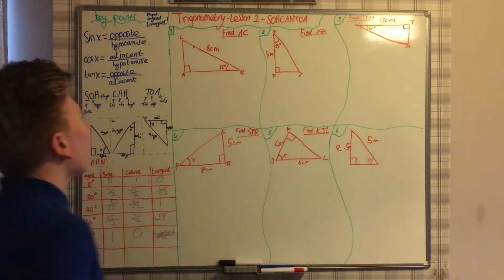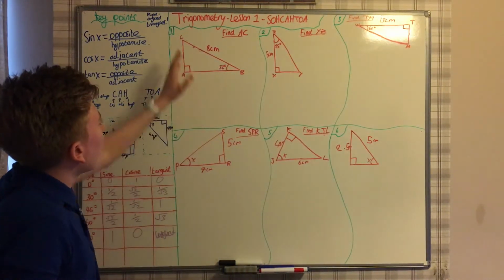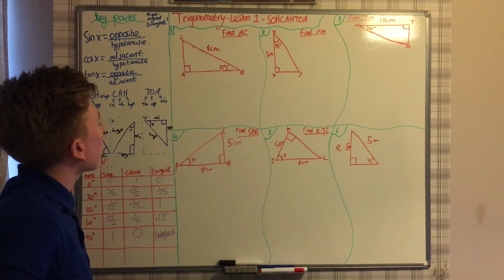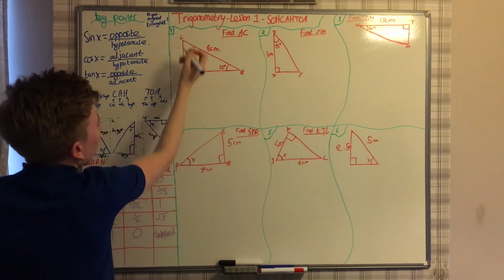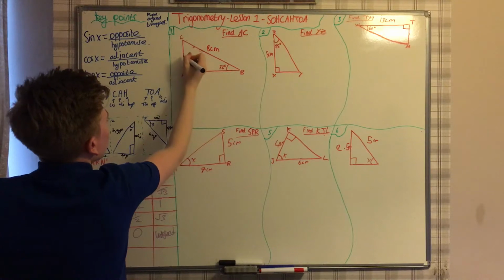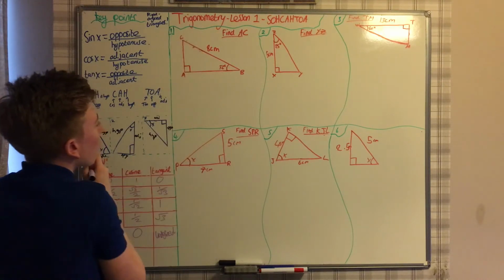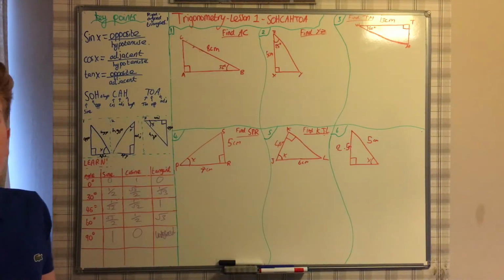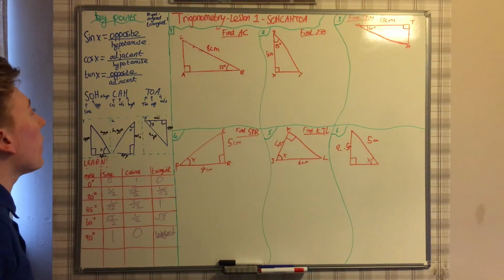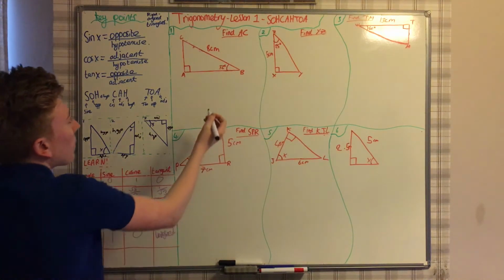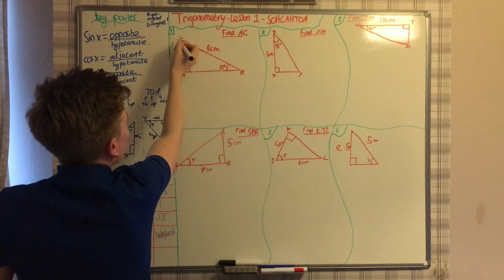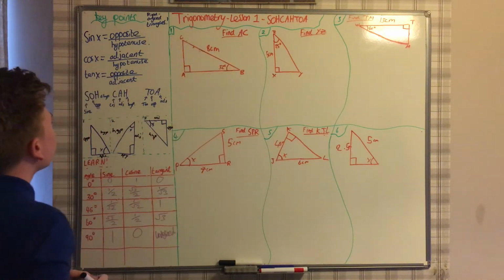The first example says find AC, and we have a right angled triangle here. AC is this length. So we're trying to find this here. So what we need to know is what sides we have before we can think about which rule we have to apply. Well, we have the longest side of the triangle, which is called the hypotenuse.